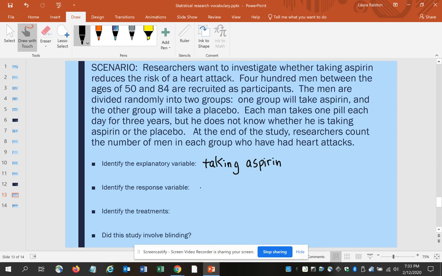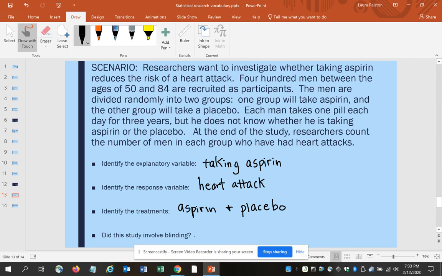I want to know, ultimately, did they have a heart attack? So my response variable is a heart attack. I have really two treatments here, aspirin and the placebo, because one group gets the aspirin and the other group gets the placebo.